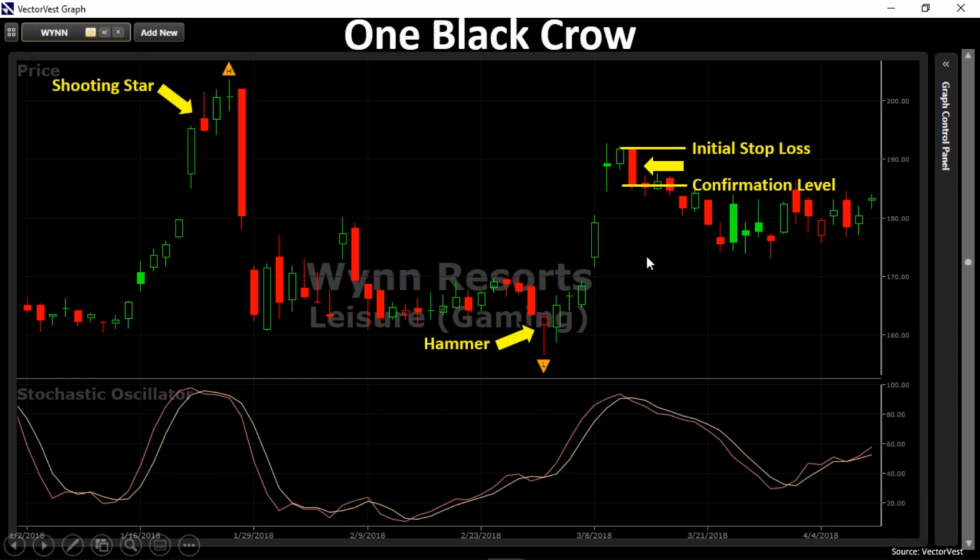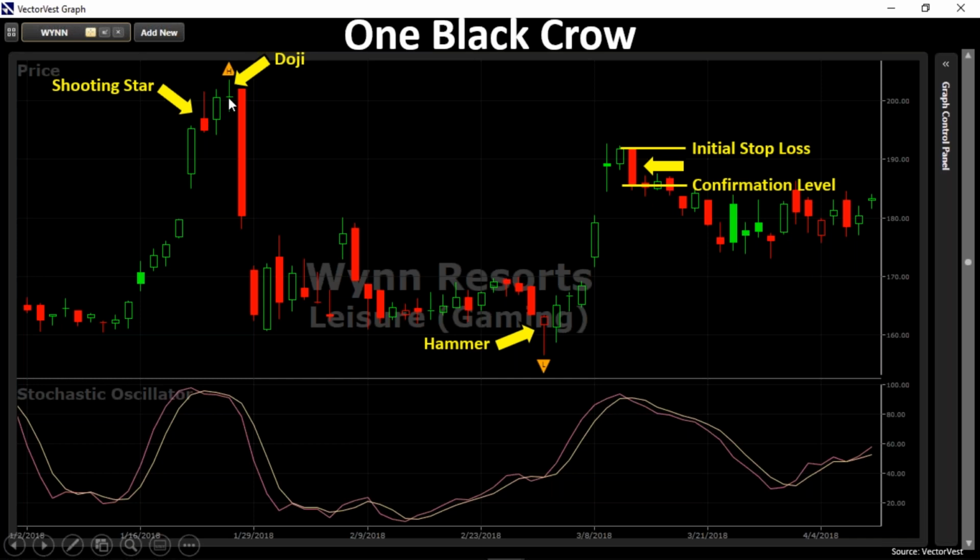Back here was a shooting star that was unconfirmed. Stock went higher the next day, went a little higher the next day, but you had a doji. That's another day of indecision. So a bearish pattern called a shooting star when stochastics went above 80, however, not confirmed.